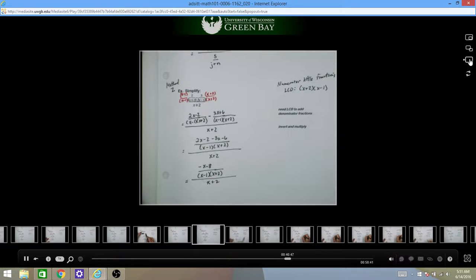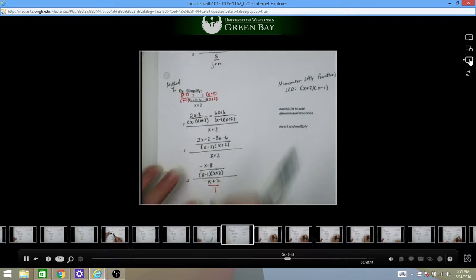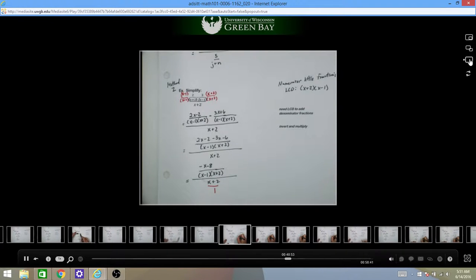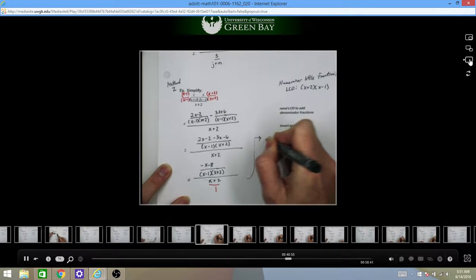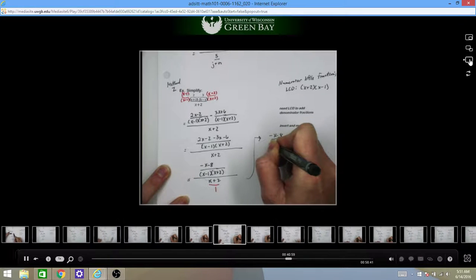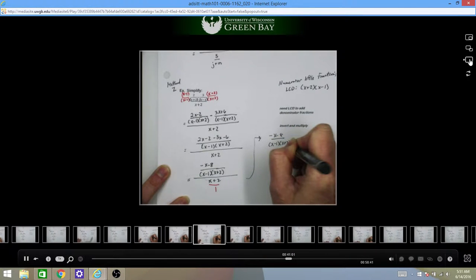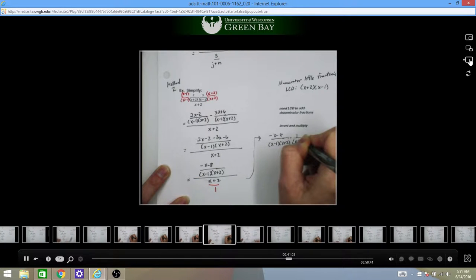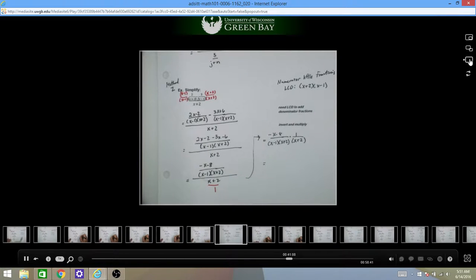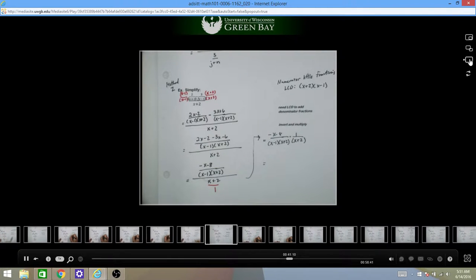So think of the x plus 2 as over 1, and then you can flip and multiply that way. So we invert and multiply, and the x plus 2 ends up in the denominator.